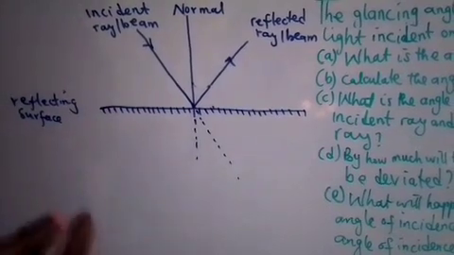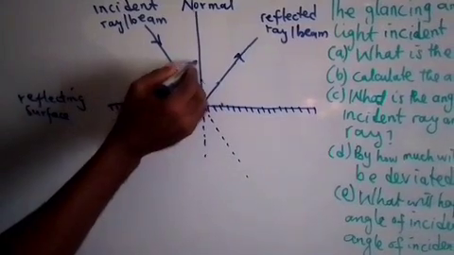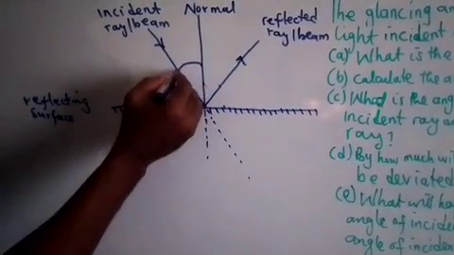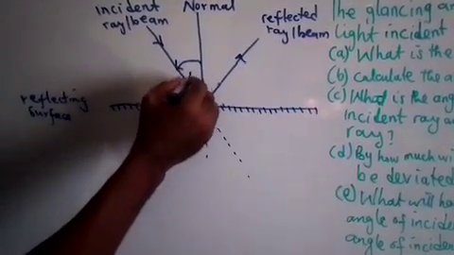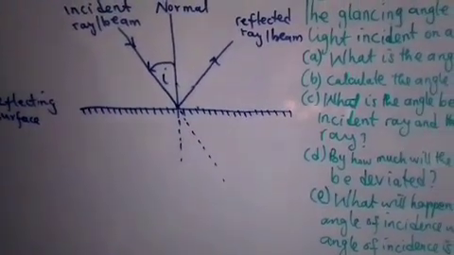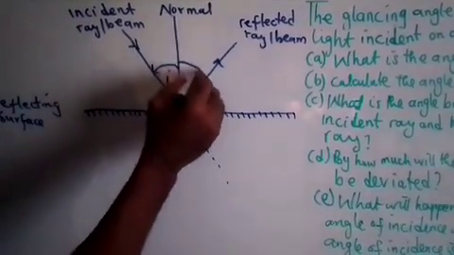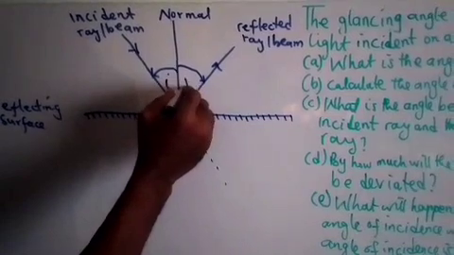Guys, notice you measure the angle of incidence as the angle between the normal and the incident beam. Also, you want to measure the angle of reflection. It must be measured from the normal to the reflected beam.